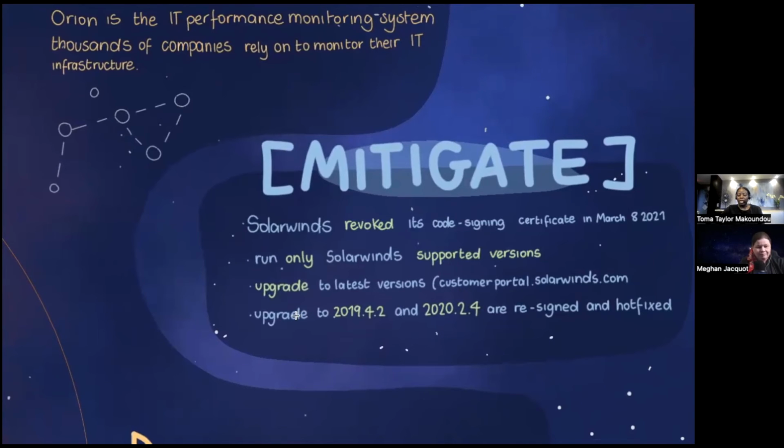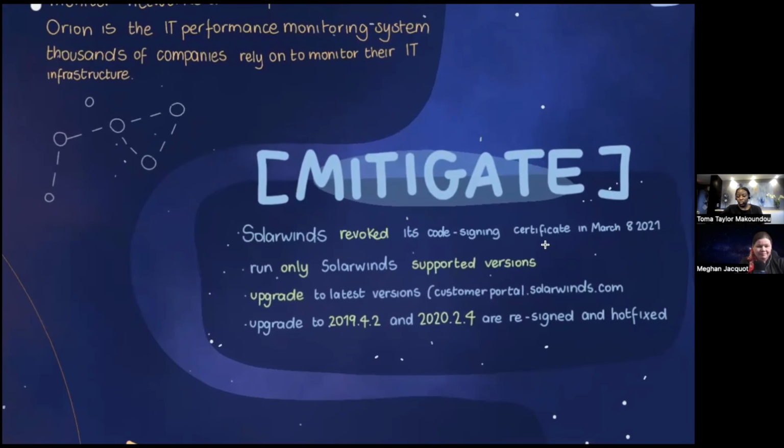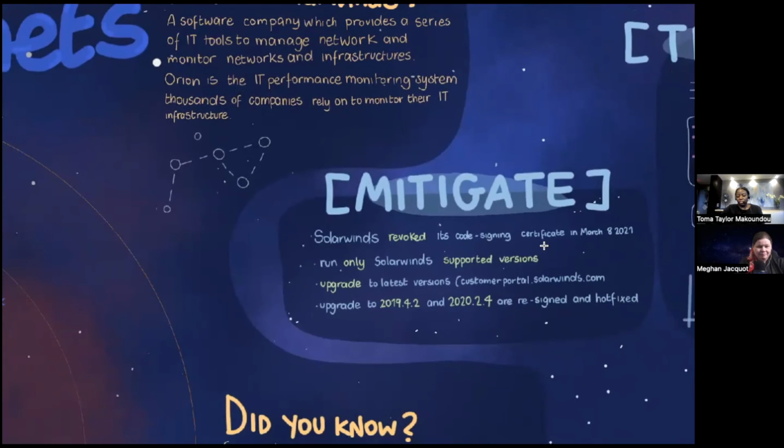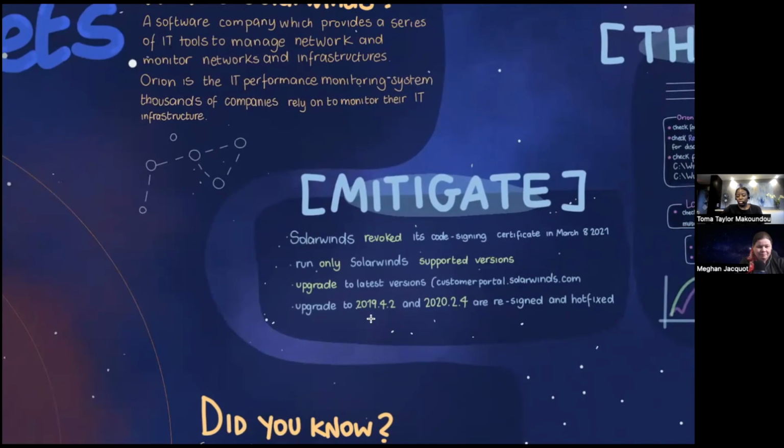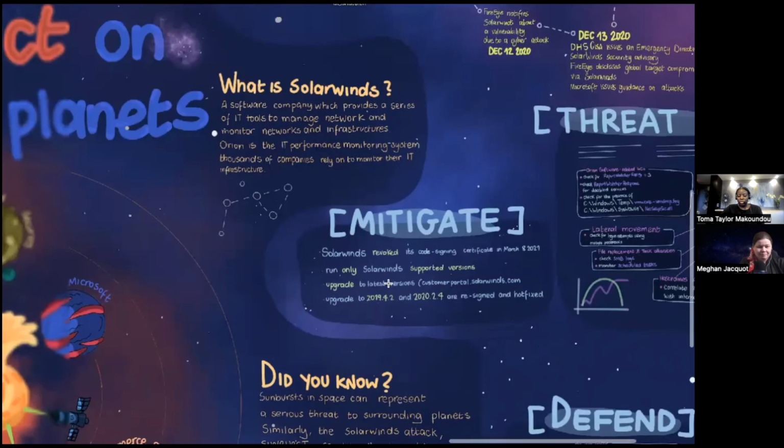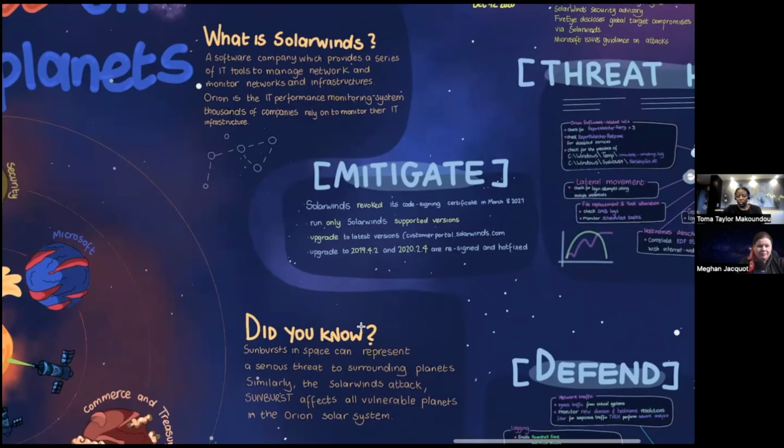At the time, the guidance was to upgrade to 2019.4.2 and 2020.2.4. But now the guidance really is, only run the Orion platforms that have supported versions. If you are running a version that is not supported, then this is a good resource here to look at.